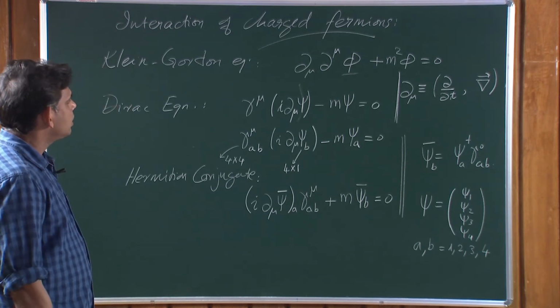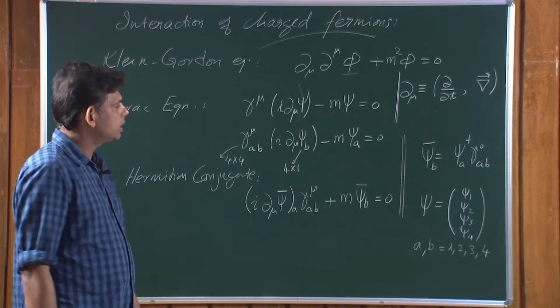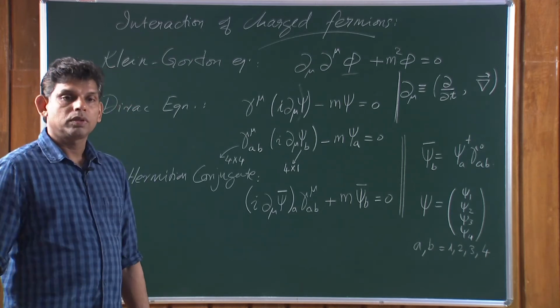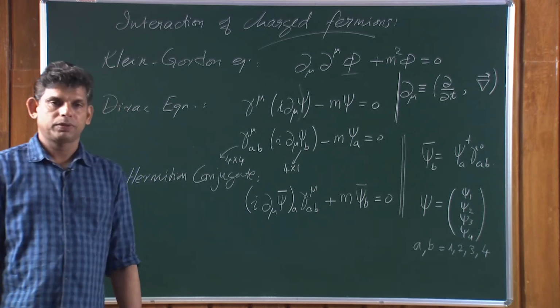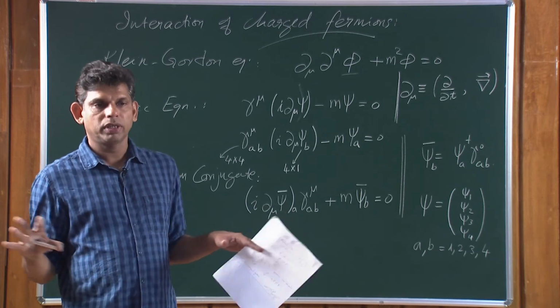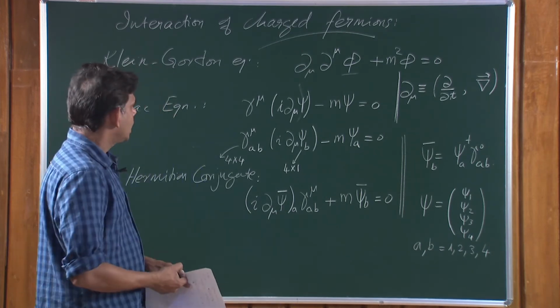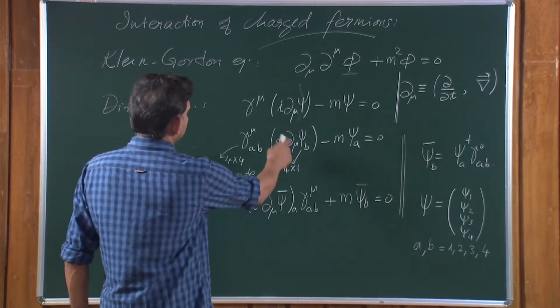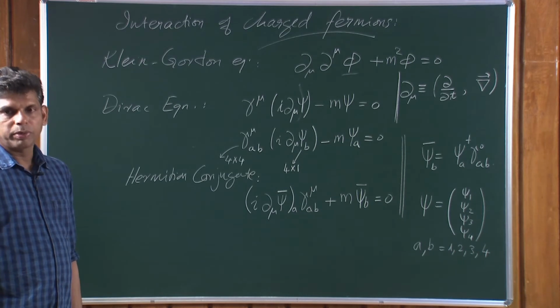We are dealing with free particles, which means particles like electron, which is freely propagating in space, in a region without any electric field or any other field. That is described by this equation. That is the kind of picture that we have.